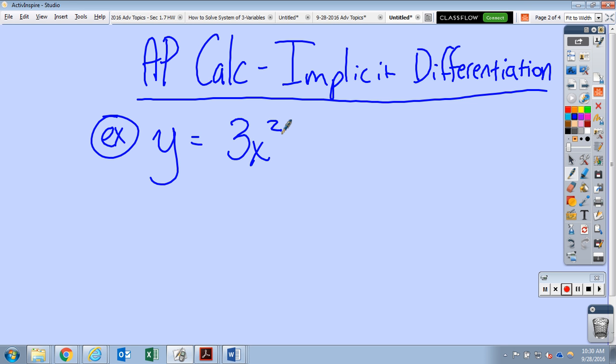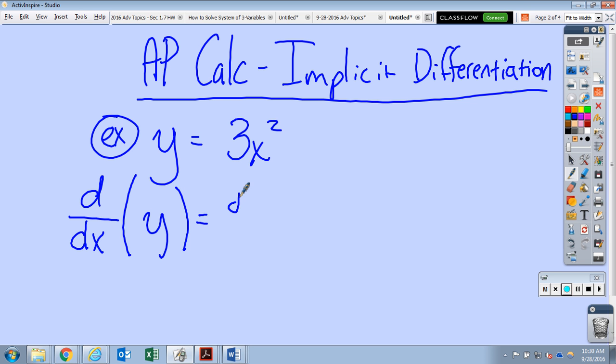We have y as a literal equation in terms of x, and we just say, okay, I want to take the derivative. You guys remember the notation that we discussed early on in the course. Take the derivative of this side, and the derivative of the other side, with respect to x.